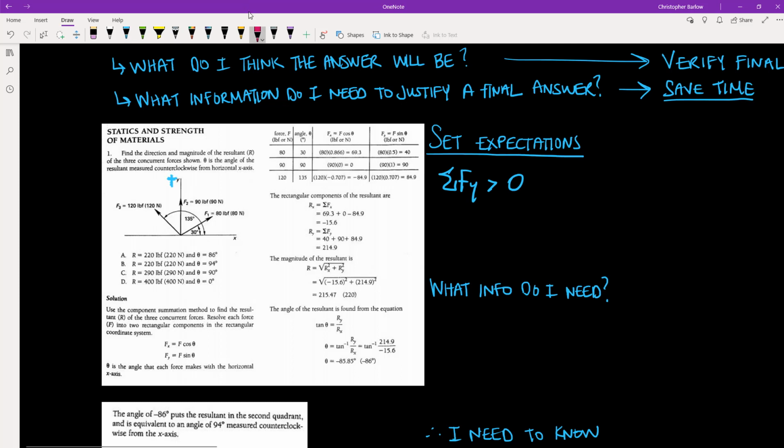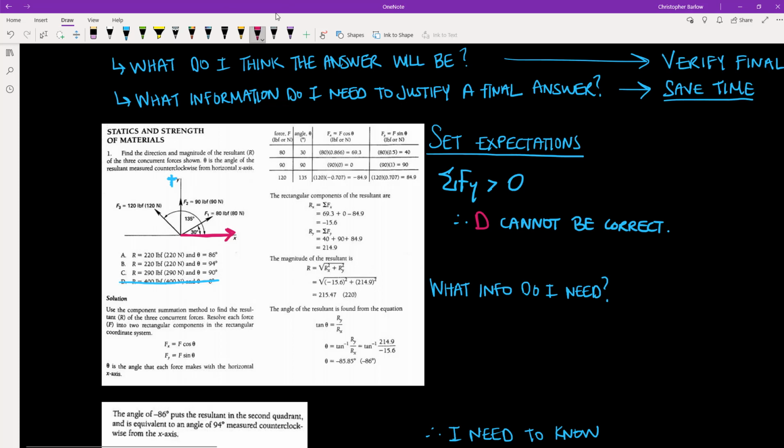And therefore, if we look at answer D, which states that theta will be 0, which would mean that the resultant would lie along the horizontal axis and have a vertical component of 0, we know from our expectations that D cannot be the answer. So right off the bat, we can eliminate D.